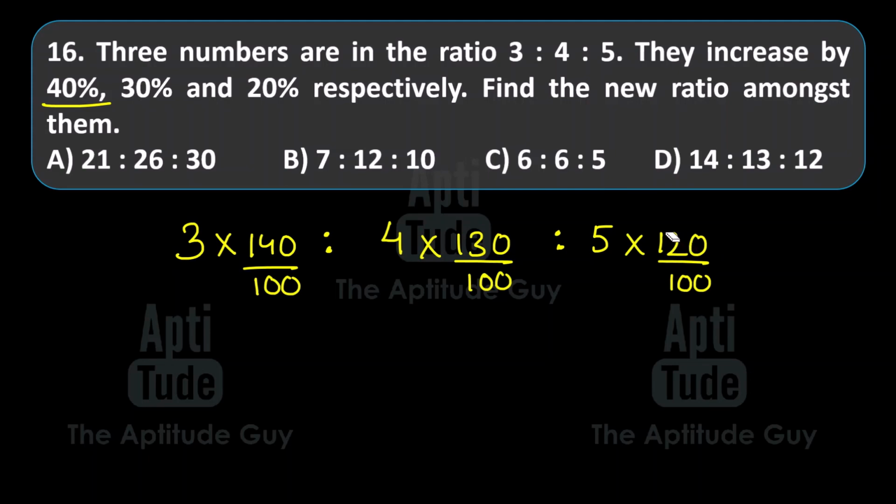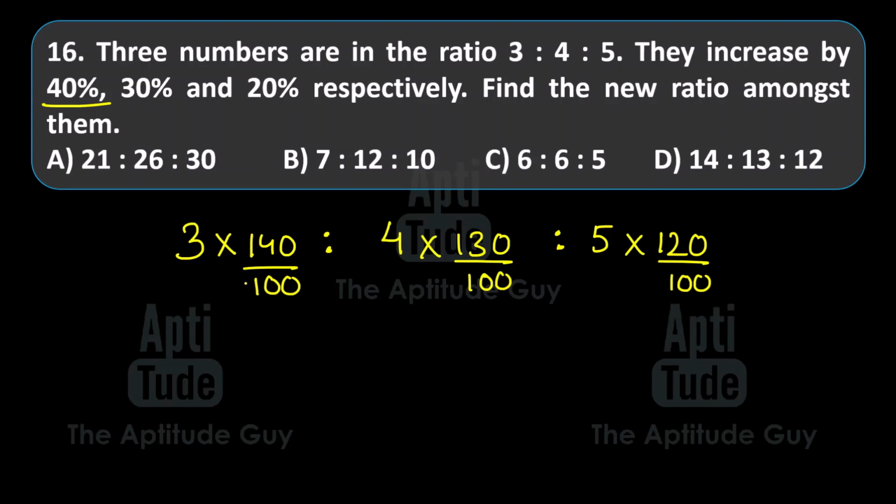That would have been the case if they had said they become 40, 30 and 20%, instead of increase. But they have mentioned they increase by. So we should mention 140, 130, 120. If at all they had mentioned decrease by, then it would have been 60, 70, 80.